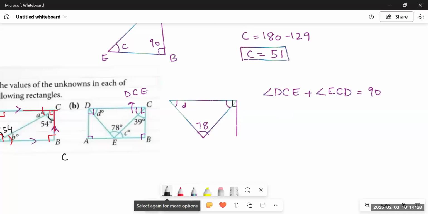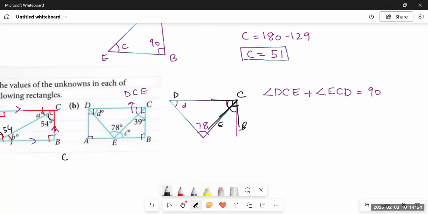If we look at the angle C, it has been split by this diagonal line. So the sum of these two angles, this one and this one: this is angle DCE and this is angle ECB. So the angles DCE and ECB are complementary to each other. So their sum would be 90 degrees, right?